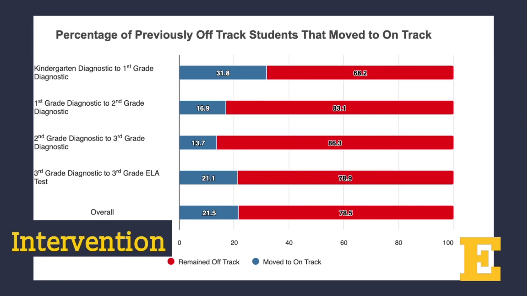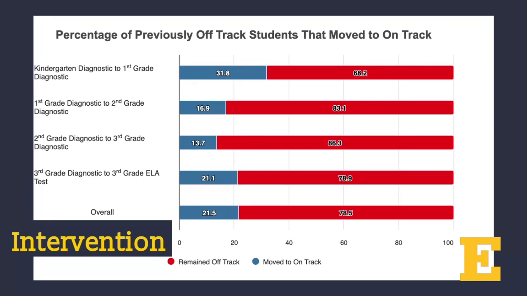One of the other pieces to the early literacy is looking at how we're moving students. In this particular slide, what we're looking at is previously off-track students that we were able to move to on-track. When kindergarten students took the diagnostic 2 years ago, last year they moved to 1st grade.